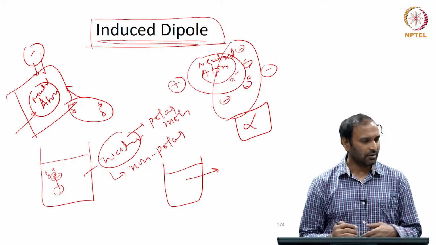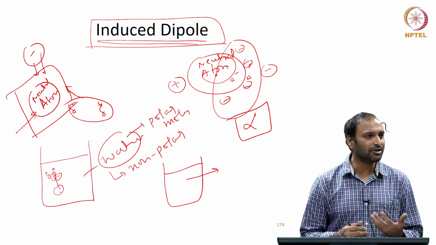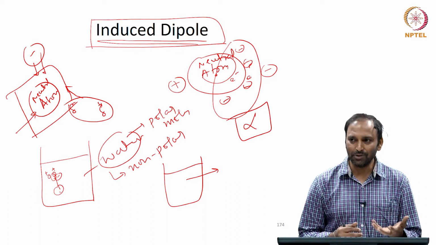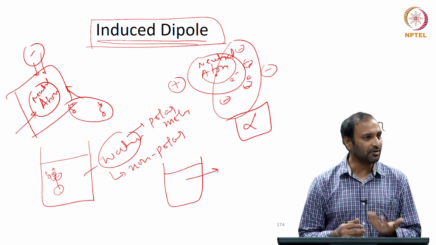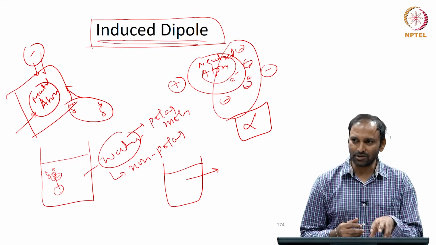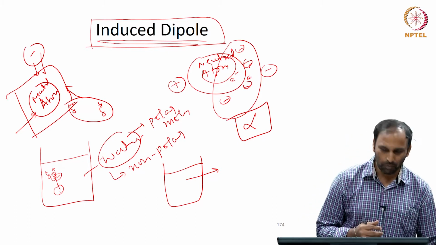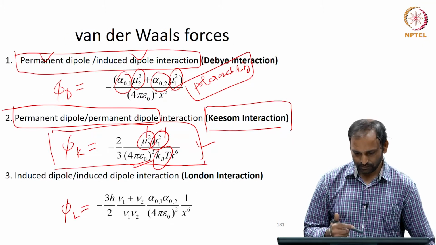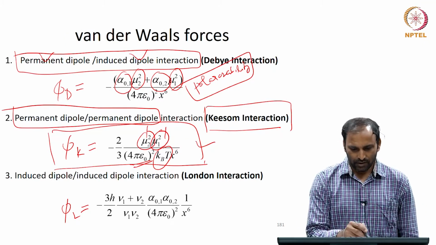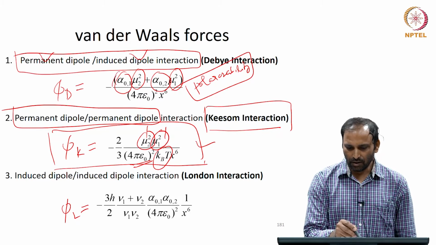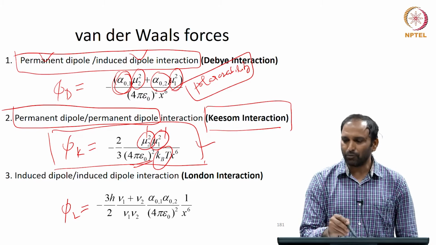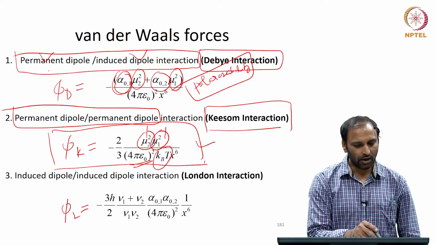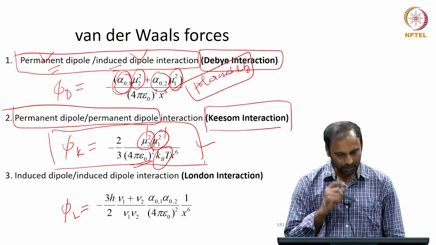For some molecules it may be easier to influence the distribution, so we say they are highly polarizable, but for some it may be very difficult to influence the electron distribution, so they are less polarizable. So alpha tells you about the polarizability. Therefore, the terms that have the polarizability and the dipole moments are the Debye interactions, because that is the interaction between a permanent dipole and an induced dipole.